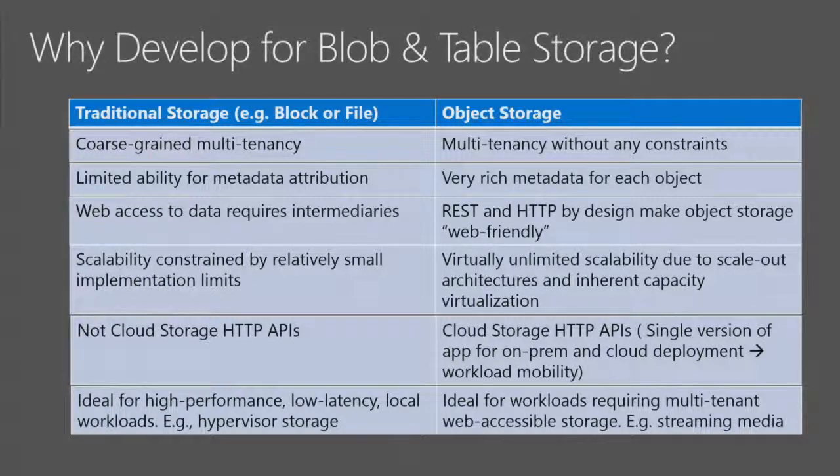For high performance, low latency, local workloads, you probably want to prefer your traditional storage abstractions, block or file. And object storage is great for workloads that require distributed access from HTTP-based web access and multi-tenancy as well, right? For such applications, this is great. That's really the gist of it.